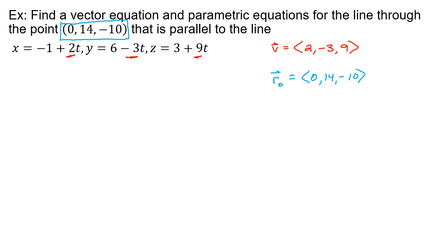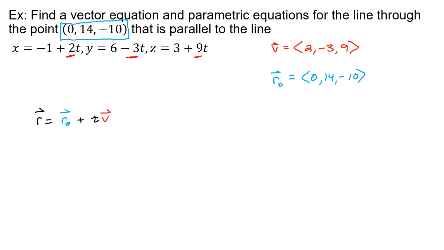And so now our vector equation, our r, so to speak, remember that's the formula r naught plus t times v.